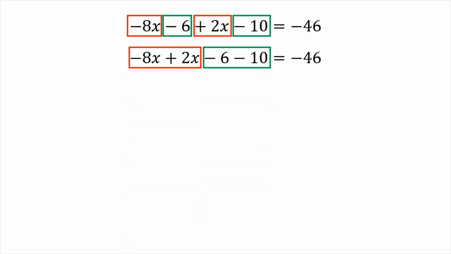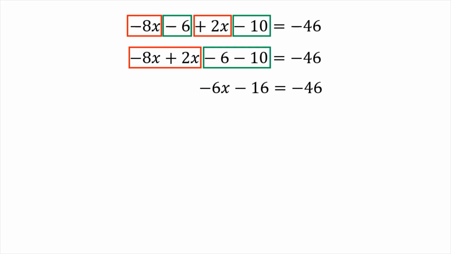So if I want to think of it, I could think of it as negative 8x plus 2x minus 6 minus 10. Okay, so let's simplify that. Negative 8, positive 2 gives me negative 6. So I end up with negative 6x, and negative 6 minus 10 is negative 16. So negative 6x minus 16 is equal to negative 46.